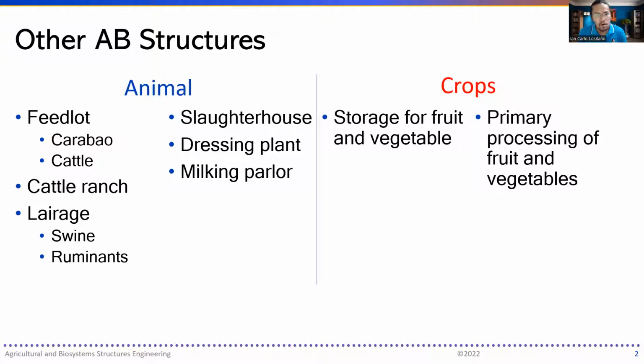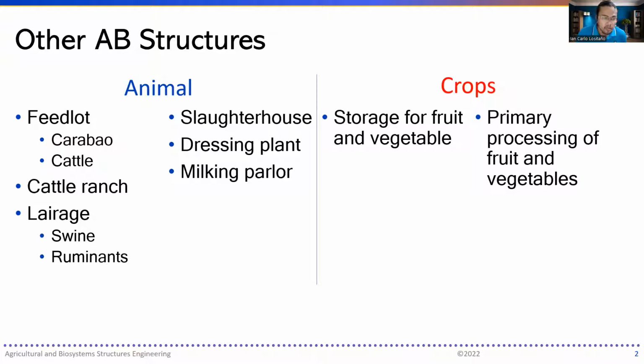So first off in the animal categories, the feedlot, and this could either be in the carabao or the cattle. Next is the cattle ranch. And then for lairage, this is the area where the animals are kept or in storage before slaughter.